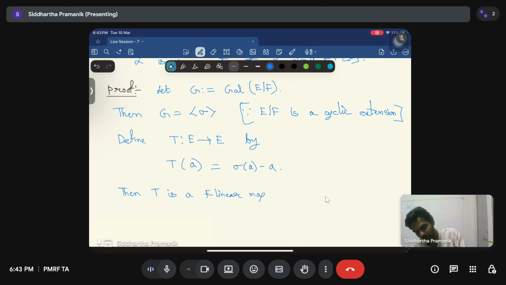So you can verify this. I am leaving this as an exercise. So as it is an F-linear transformation, let's see what is the kernel and what is the image of this linear map.